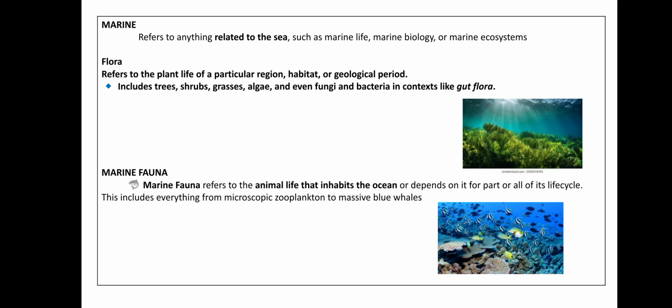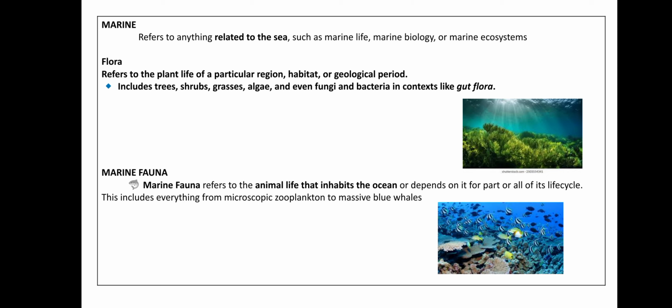तो आप ये देखेंगे कि जो फ्लोरा होता है ये basically plant life को refer करता है, है ना. If we are talking about marine flora, it refers to the plant life inside the sea. Now we come to marine fauna. It refers to the animal life that inhabits the ocean or depends on it for part or all of its life cycle. It includes everything from microscopic zooplankton to massive blue whales.